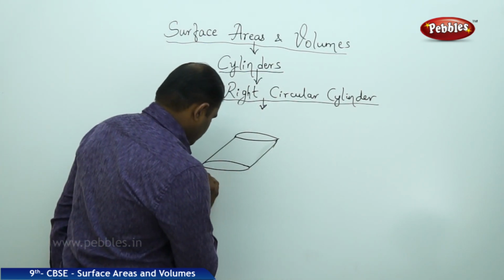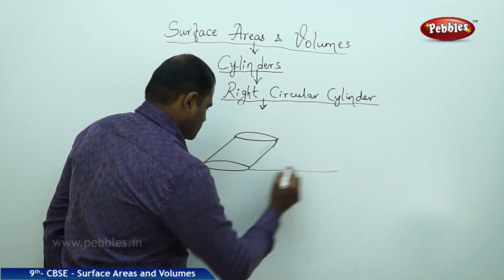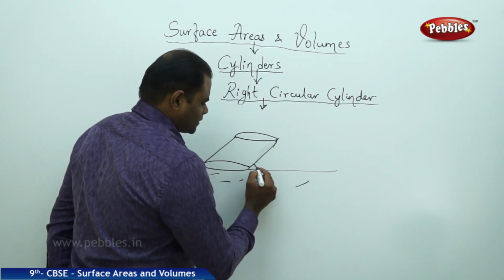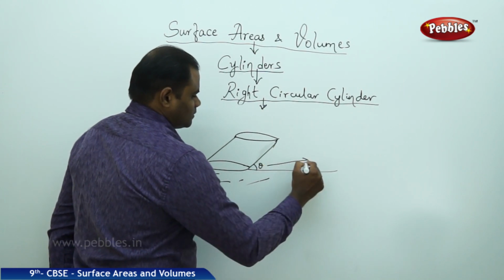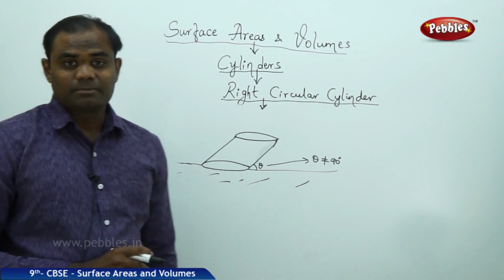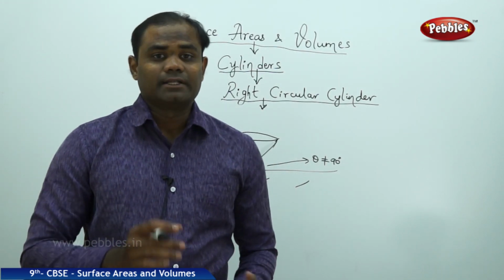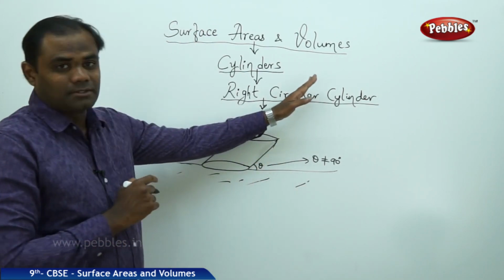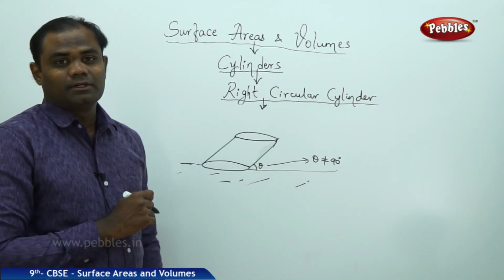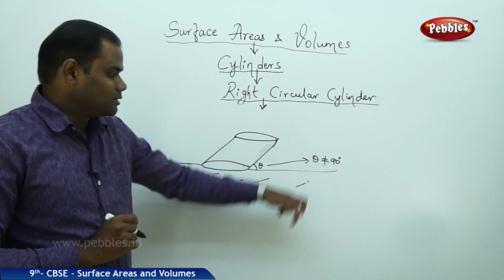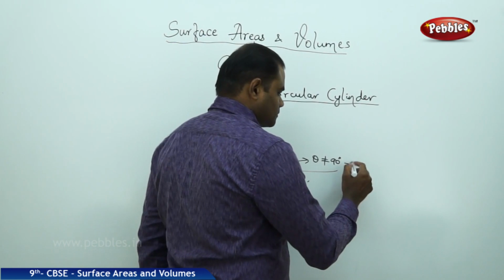That is, if I take this to be the ground, then this angle is theta, and here this angle is not equal to 90 degrees. This is how mathematically we identify a right circular cylinder. The angle between the ground and the height at which the cylinder rises must be 90 degrees for the cylinder to be a right circular cylinder. Theta is not 90 degrees.